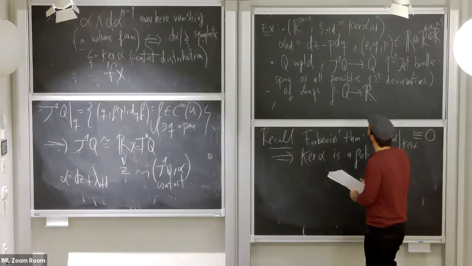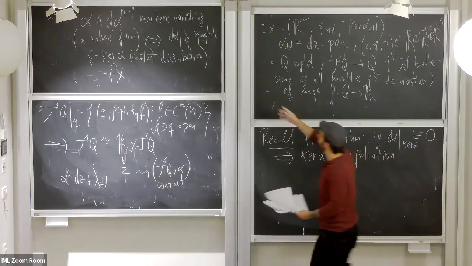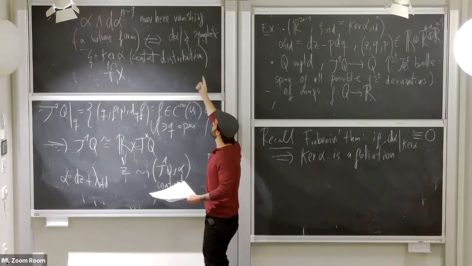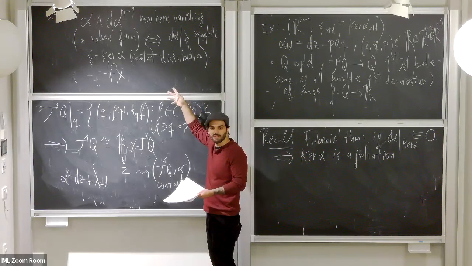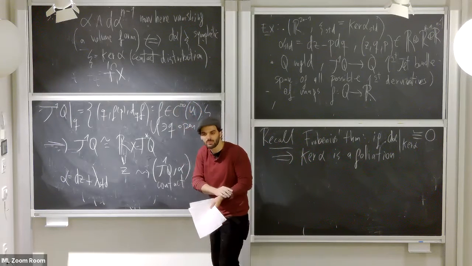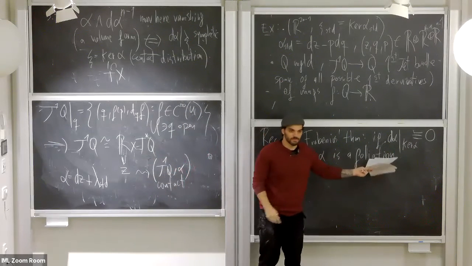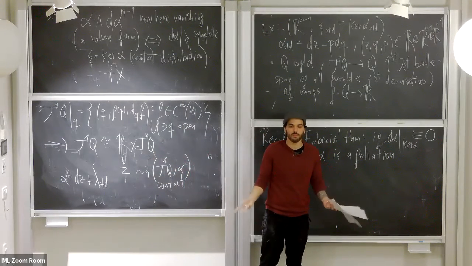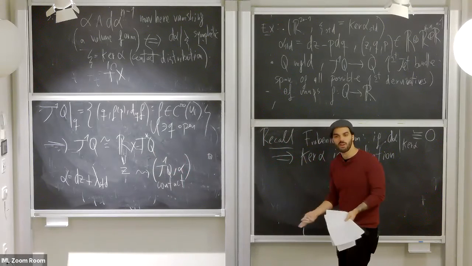So the contact condition is the extreme opposite of this condition, because I'm asking that the derivative of alpha restricted to the kernel of alpha is symplectic. So it's non-degenerate. It's the most different thing that you can possibly be from 0. So it sees every possible direction. The contact condition is very much not a foliation.